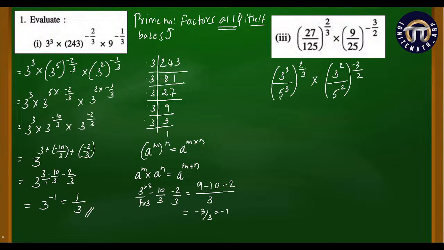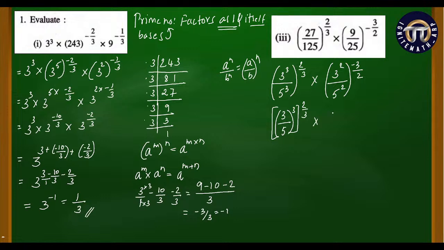Right. So now I told you that a to the power of n by b to the power of n, I can write this as a by b to the power of n. So here, since the same power is there for the numerator and denominator, I can write this as 3 by 5 to the power of 3 to the power of 2 by 3. Clear, children?